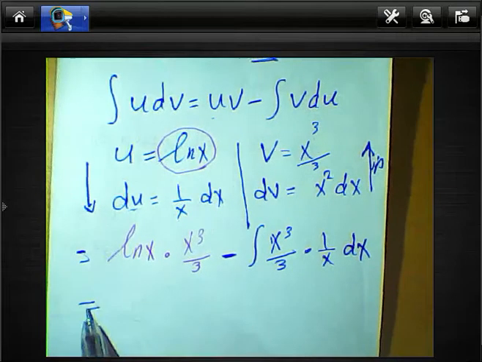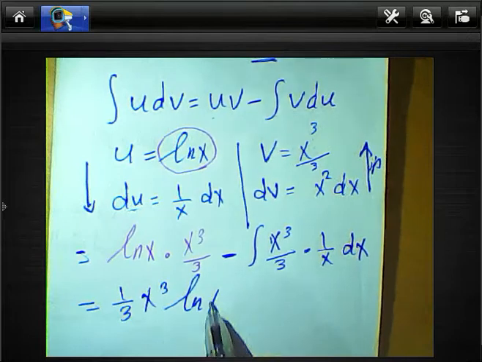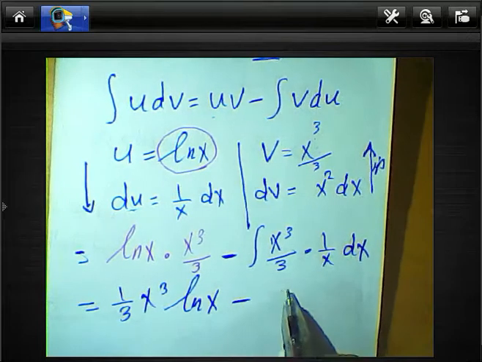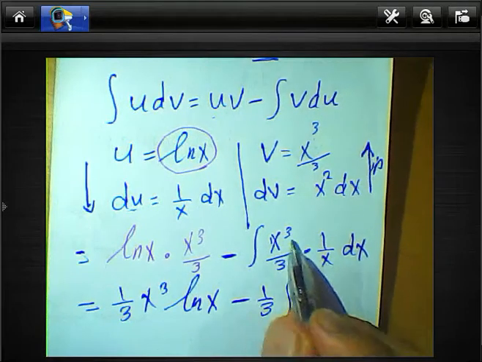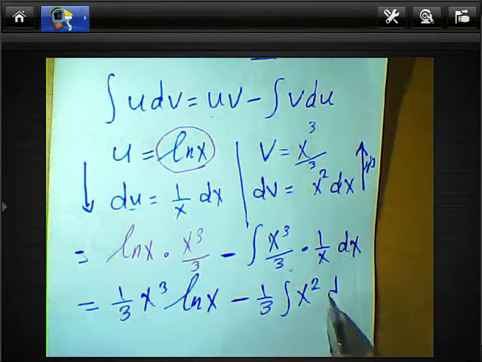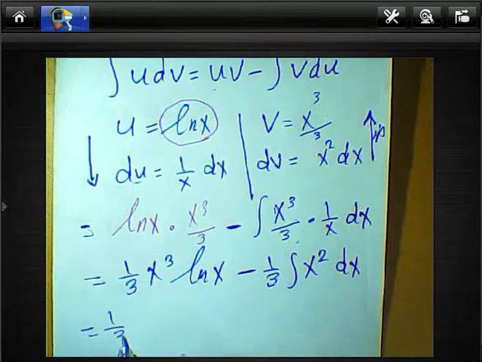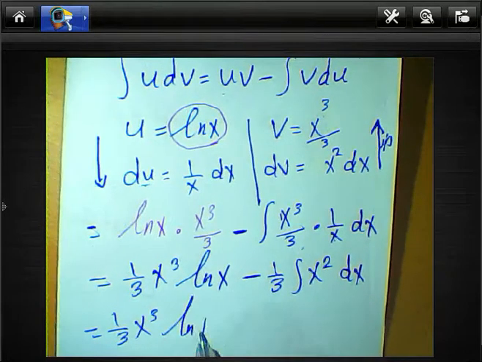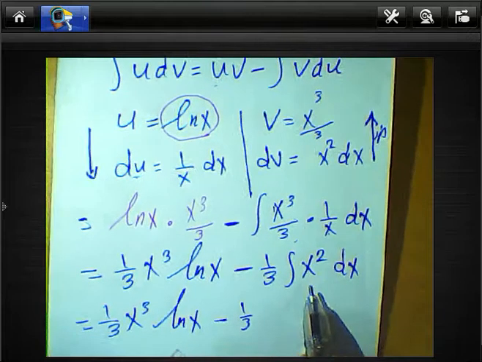The result will be one third x power 3 ln of x. Subtract one third, we can write one third outside, the integration of x power 3 divided by x, which will be x power 2 dx. And we know the result will be one third x power 3 ln of x, subtract one third, we can find the integration of x power 2.